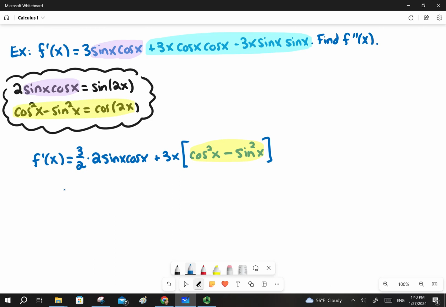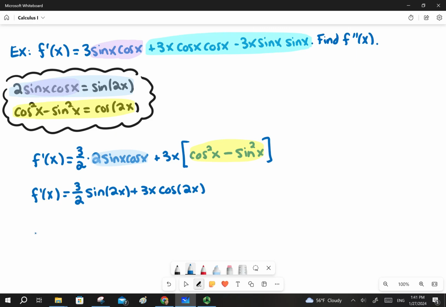So now, just a little bit more cleanup here, taking 2 sine of x cosine of x and replacing it with sine of 2x. I get 3/2 sine of 2x, and then applying my cosine of 2x identity, I can replace the cosine squared minus sine squared of x factor with just cosine 2x.